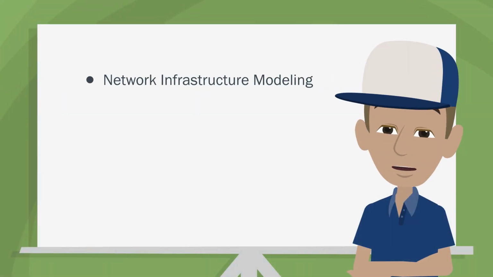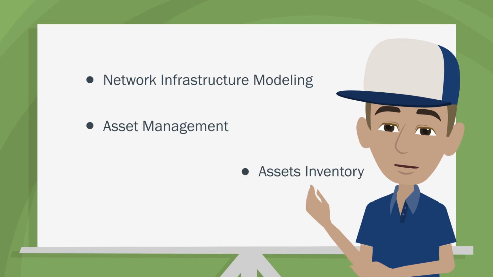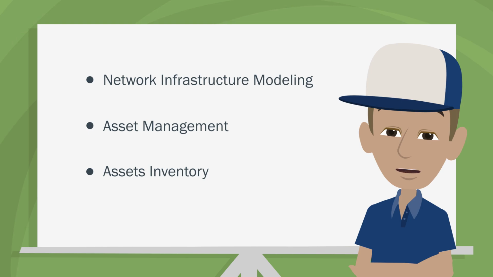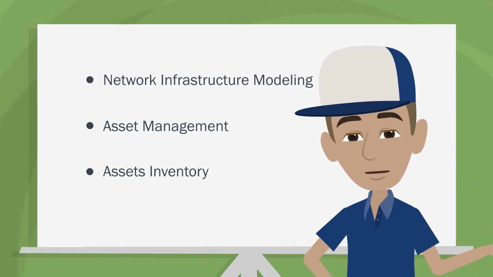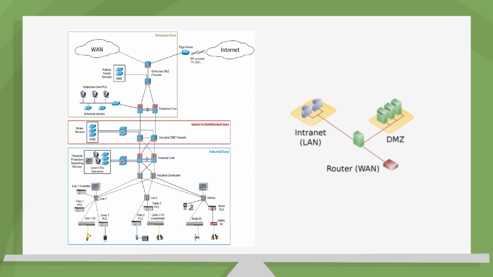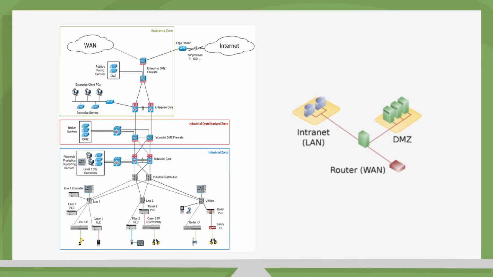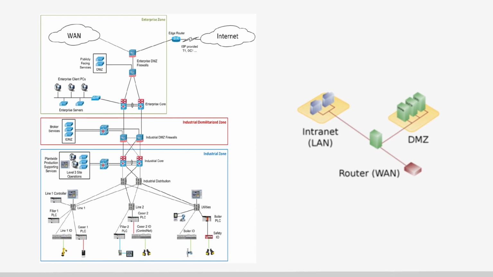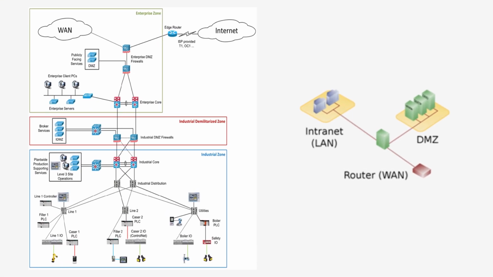Network infrastructure modeling, asset management, and asset inventory refer to the processes of cataloging and monitoring network assets and configurations. An accurate inventory of network assets is crucial for strong security, as it helps tie security events to a system and identify unauthorized devices and processes.